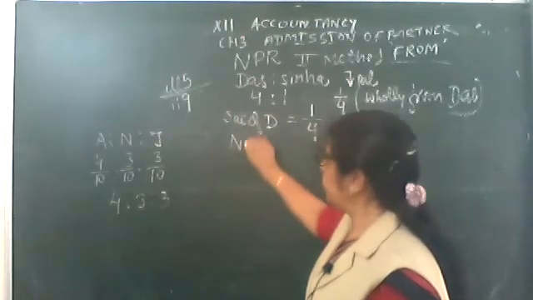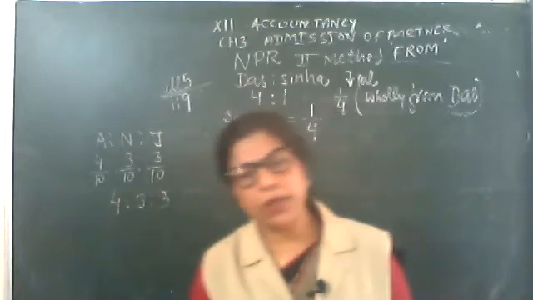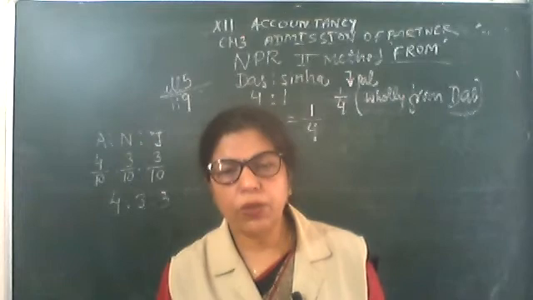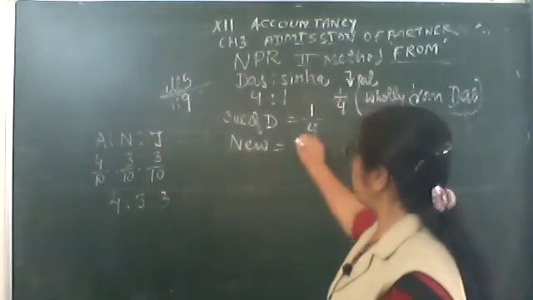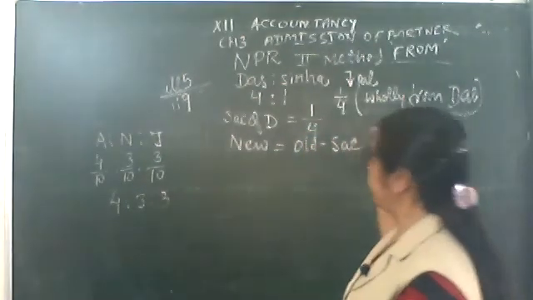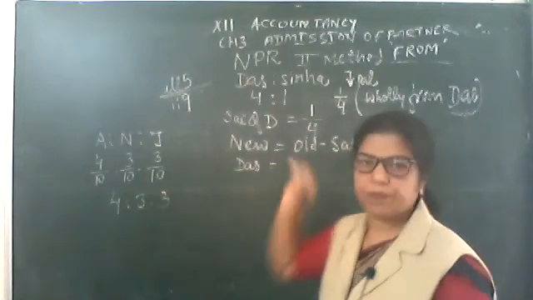New ratio. Children, again, how to calculate the new ratio? Old minus sacrifice. We calculate Das's share first.